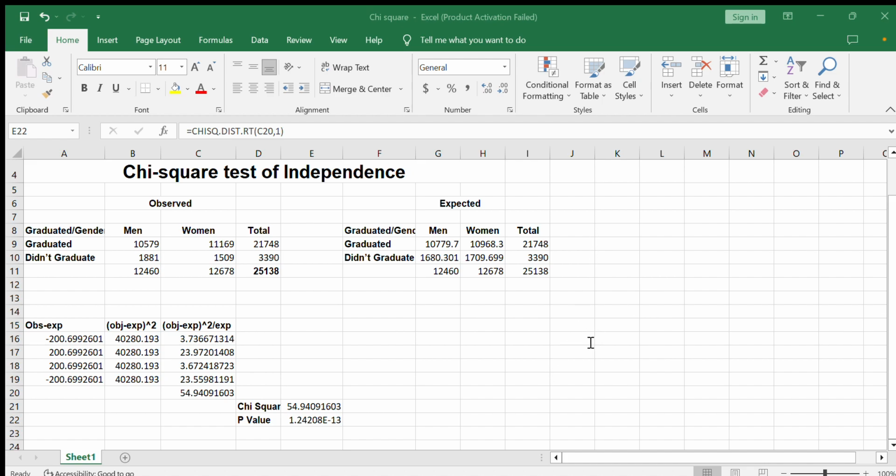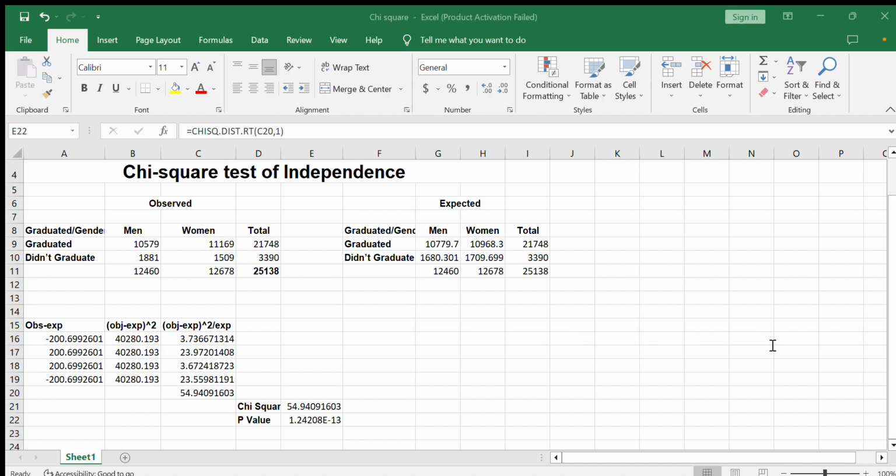What we're saying is that the calculated value is higher than the table value. That is evidence number one. And this p-value is also smaller than the significance value. That is why both the chi-square value, 54.94, and the p-value, 0.00, are extremely strong evidence to reject the null hypothesis.